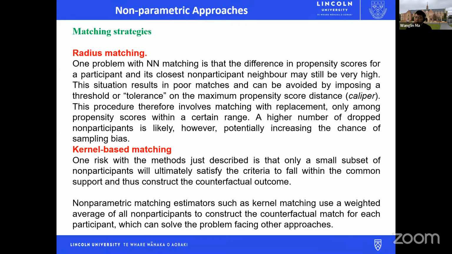Non-parametric matching estimators such as kernel matching use a weighted average of all non-participants to construct the counterfactual match for each participant, which can solve the problem facing other approaches.